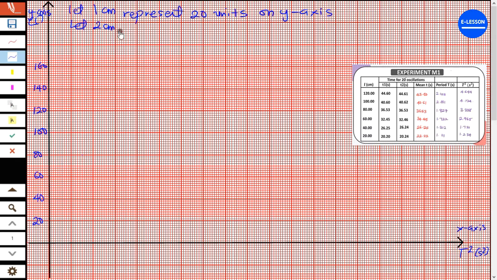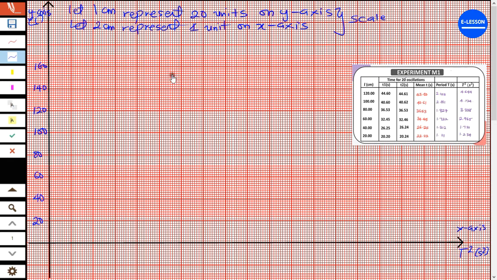For my own case, you can also use that from your own case. Now, this whole thing we are writing here is what is called the scale. So you may decide to put scale. Let this represent this.